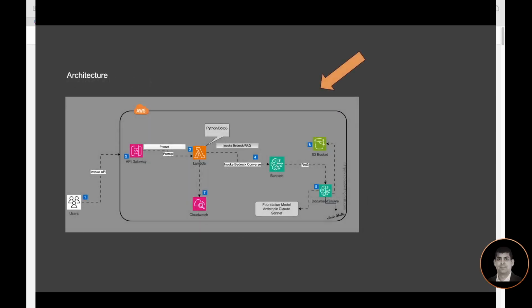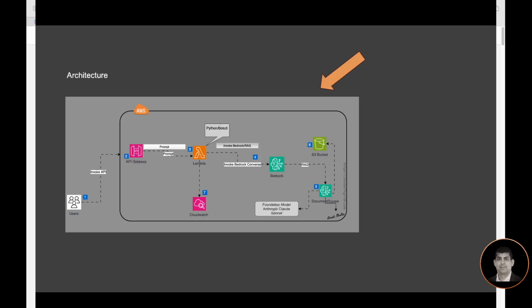Let's look at the architecture. We have a user or a consumer that's invoking a RESTful API using the API Gateway. API Gateway is invoking the Lambda function, and the Lambda function in turn is invoking the Bedrock Converse API. Bedrock Converse API is using a document source hosted in an S3 bucket and using it as an augmented source to provide the response.